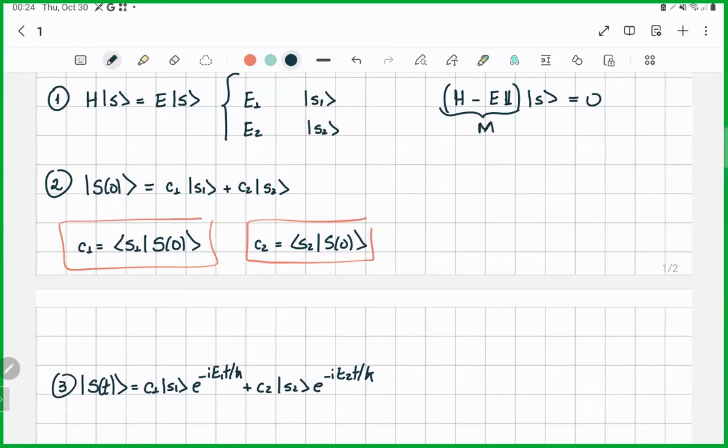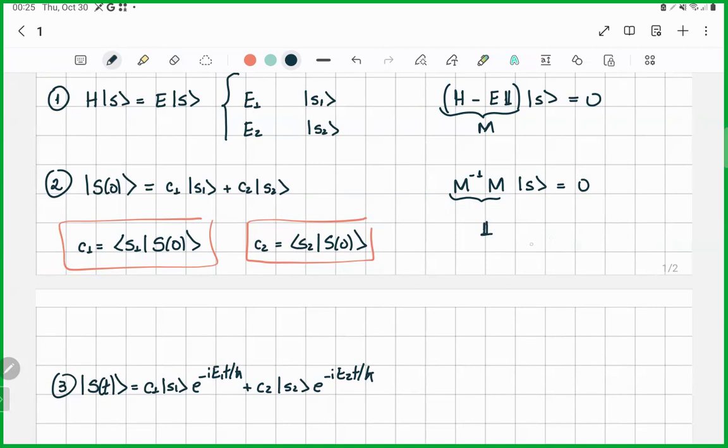If the matrix M has an inverse, and the way that we write inverse is like this, okay? So if it has an inverse, and I multiply this whole equation by this inverse, what I'm going to get is the following. The property of an inverse is that I multiply a matrix by its inverse matrix, I get the identity.